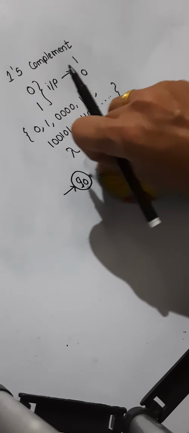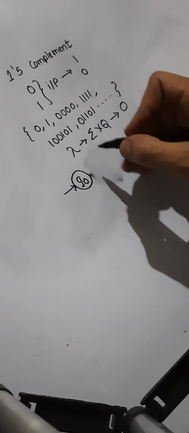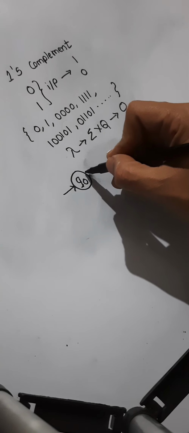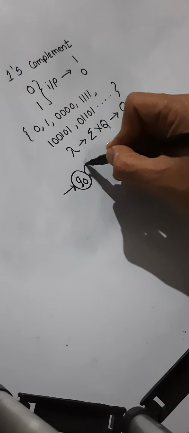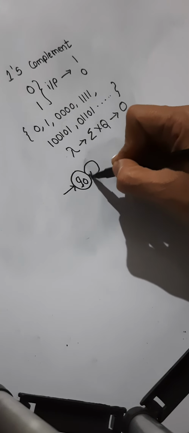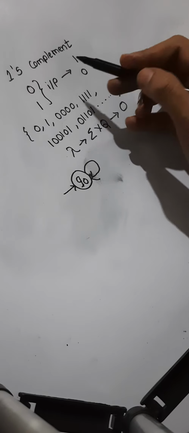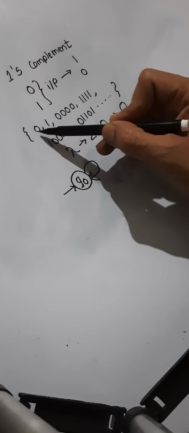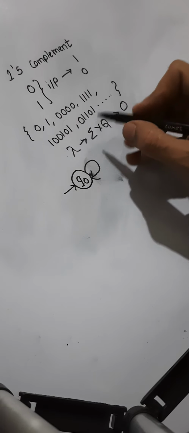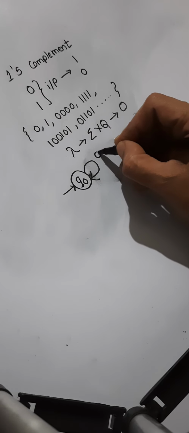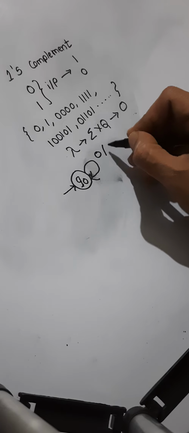We are going to rub this, and here instead of putting an arrow from Q0 to Q1, we will put a self loop over here. Why? Because there is not a single 0, there will be multiple zeros, single, double, triple, and so on. So if I am giving a single 0, then I will get 1 as output.